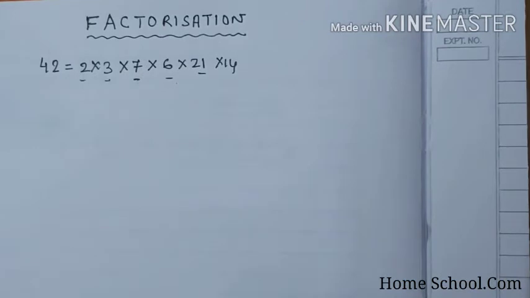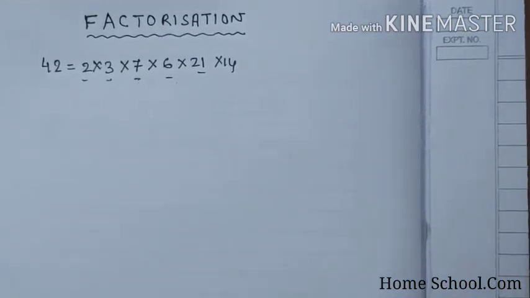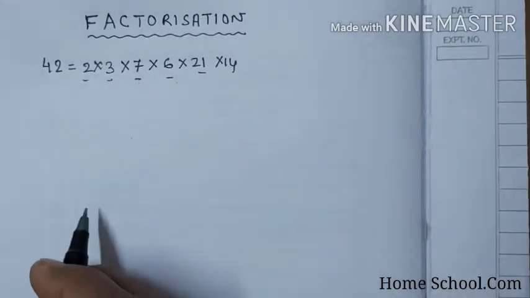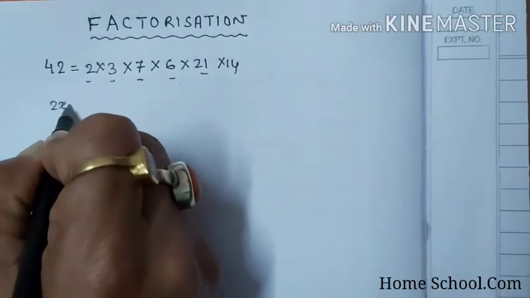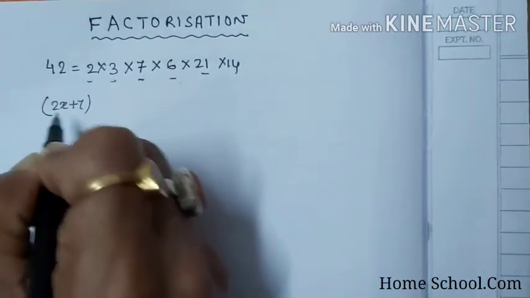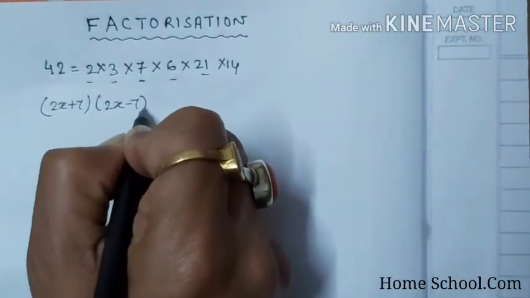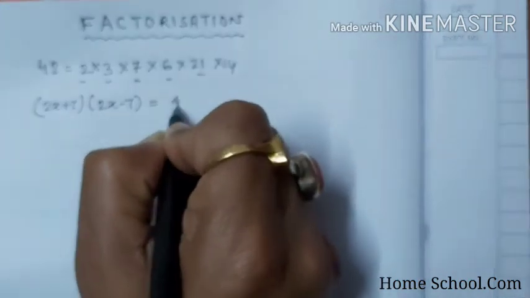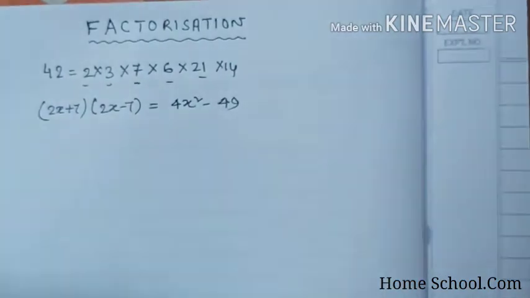Now, while understanding factorization in algebra, let us take some examples. The product of 2x plus 7 and 2x minus 7 is equal to 4x square minus 49. If you multiply, you will get this.